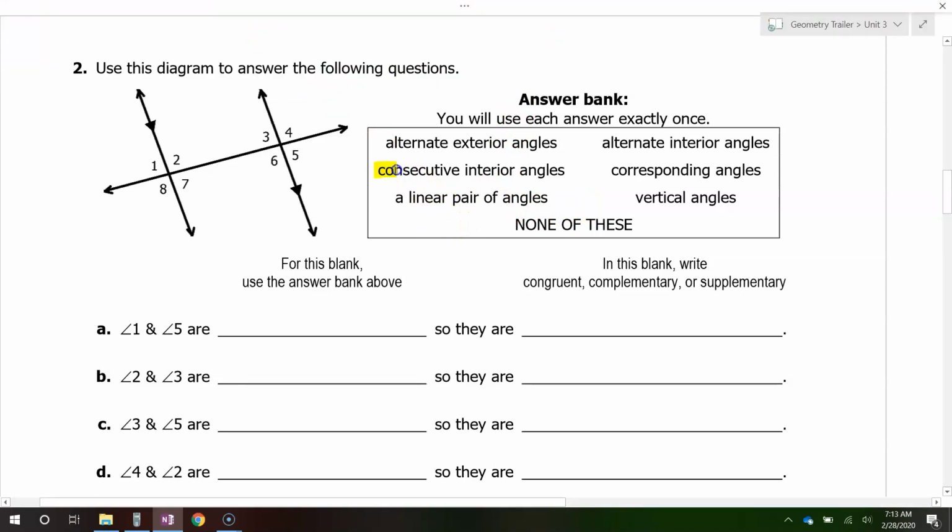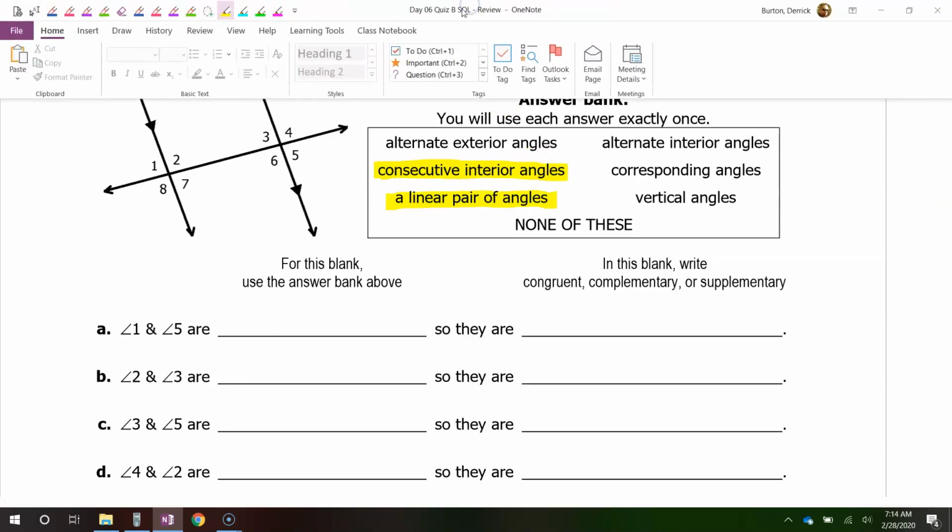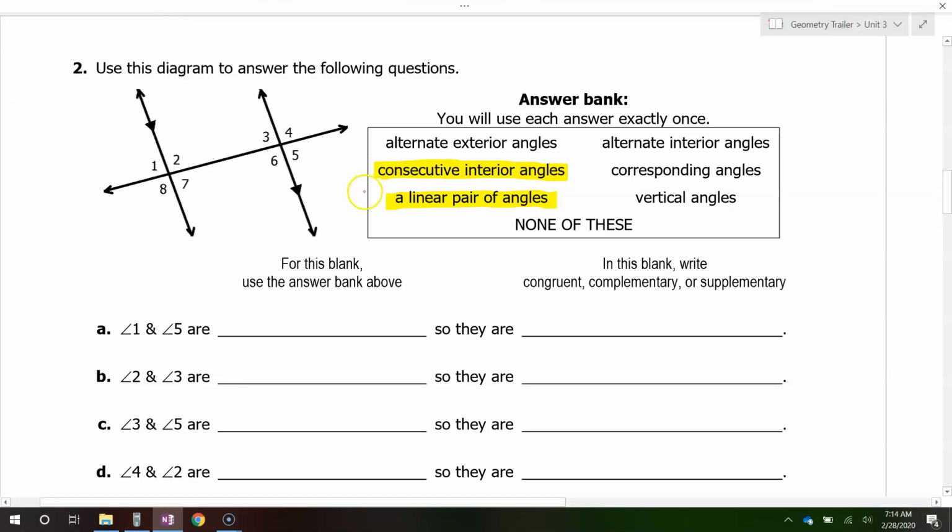Consecutive interior angles are supplementary, and a linear pair is going to be supplementary. All of the rest are congruent. So I encourage you to memorize that these two are supplementary. I'll just put SUPP. These two are supplementary. Everything else, all of the other angle pairs are congruent.